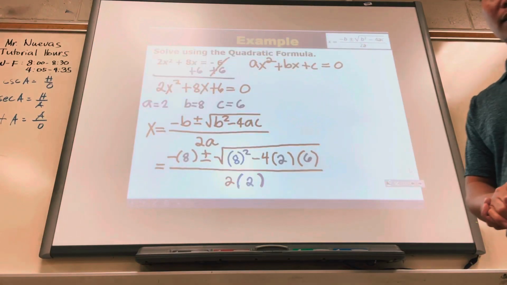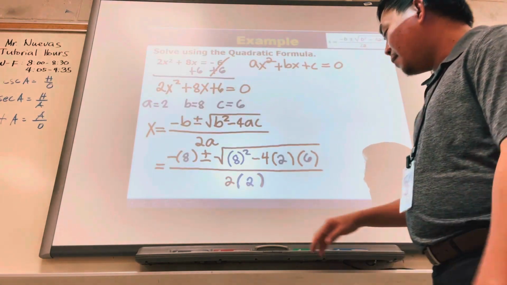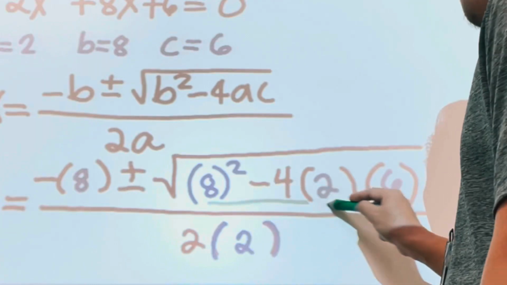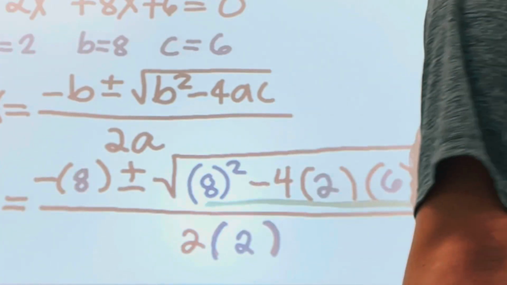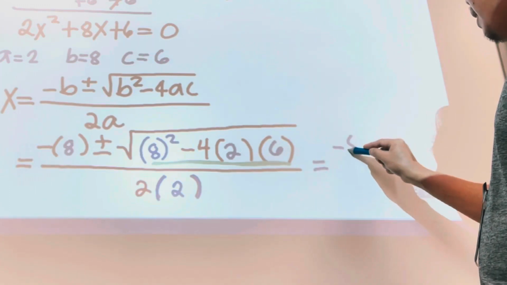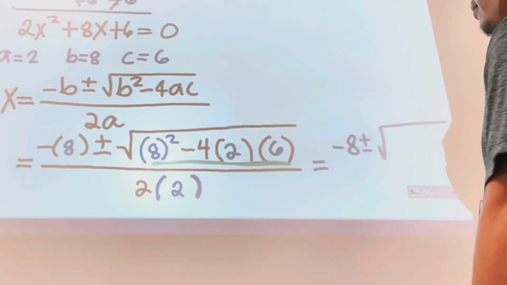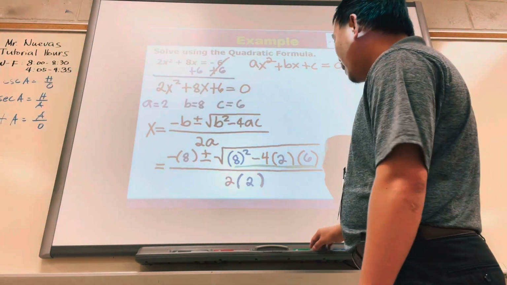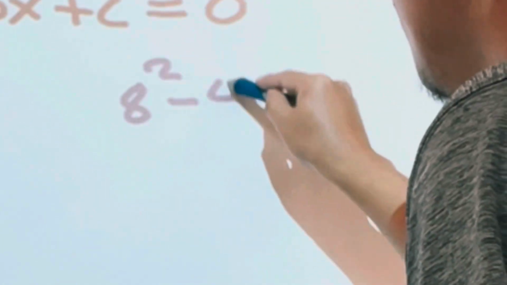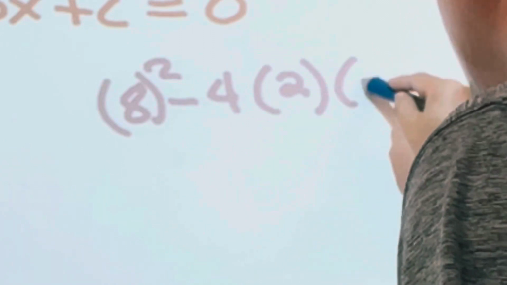Okay. So, the first thing that we need to simplify here is the expression inside the square root. We have negative 8 plus or minus the square root of 8 squared minus 4 times 2 times 6.